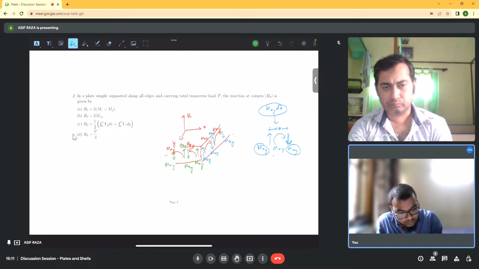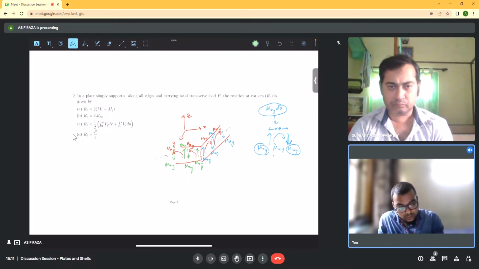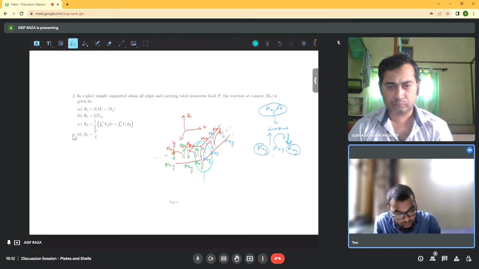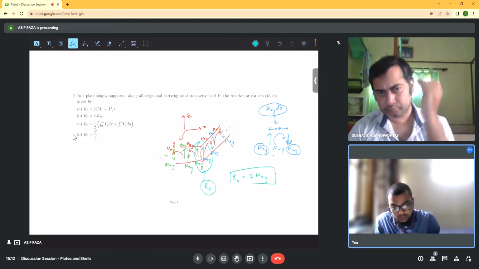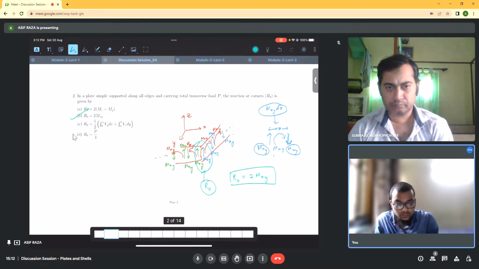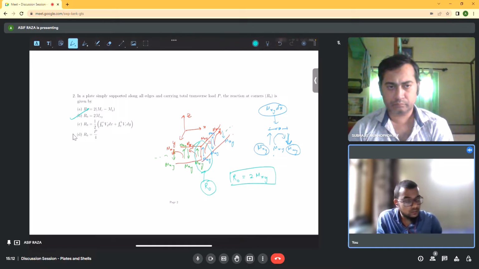This goes on. If you see at the corners, this is the corner force, which we take as R naught. So R naught is equal to 2 times mxy. The correct answer would be option B. I hope it's correct.